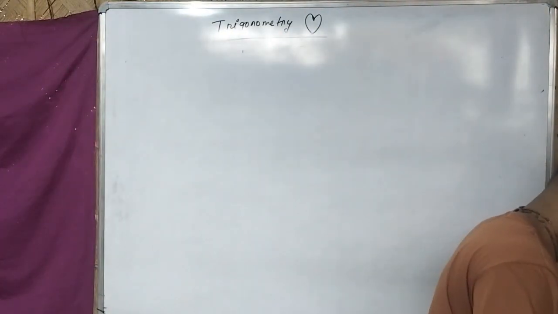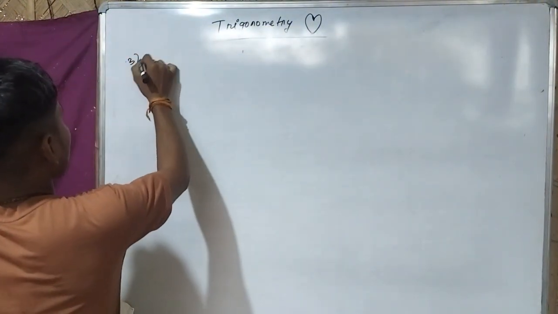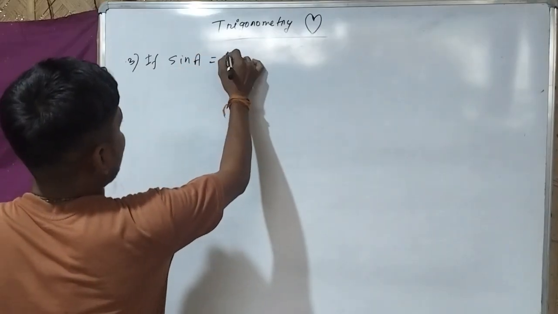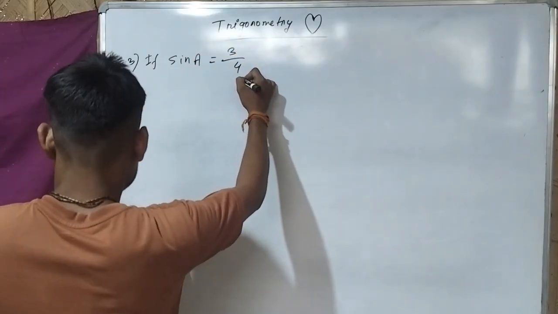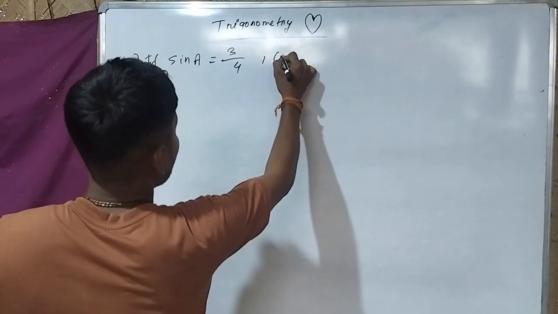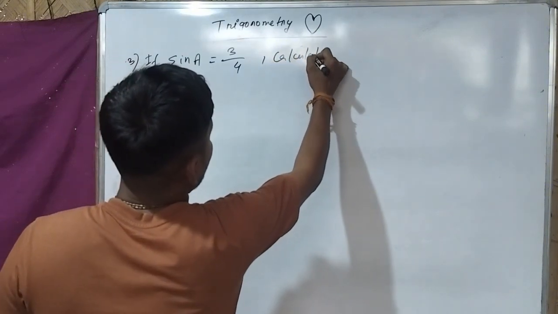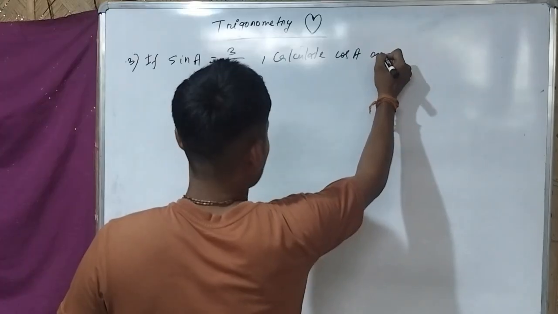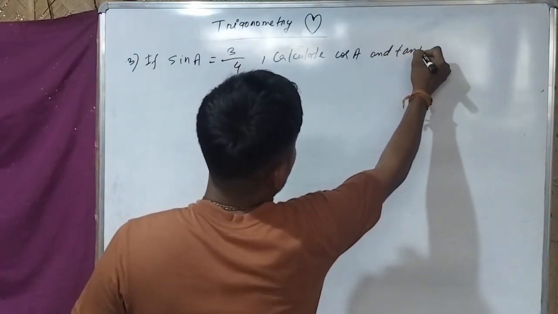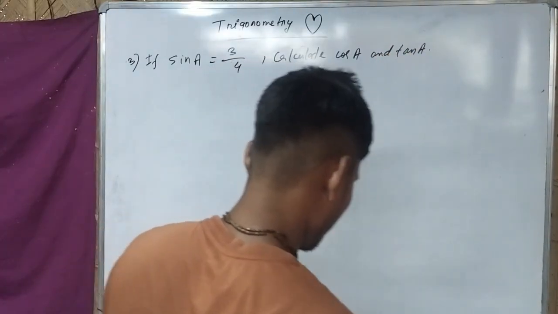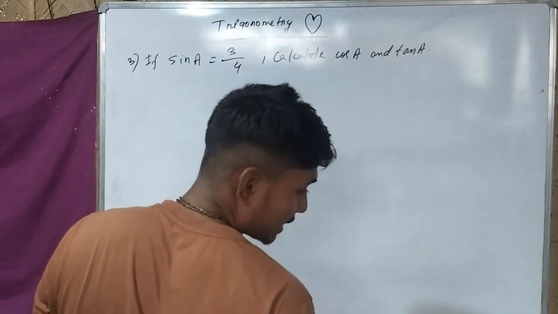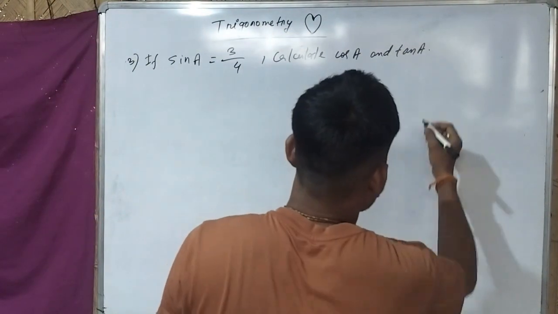Question number 3: if sin A is 3 by 4, calculate cos A and tan A. Okay. If sin A is 3 by 4, calculate cosine A and tan A.